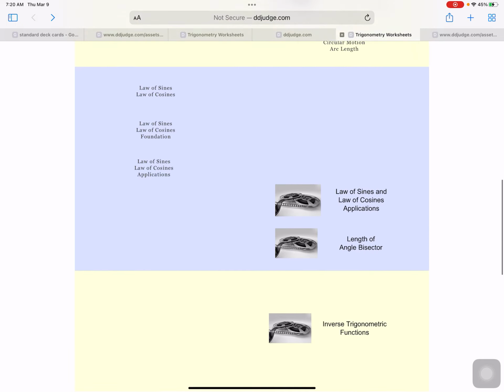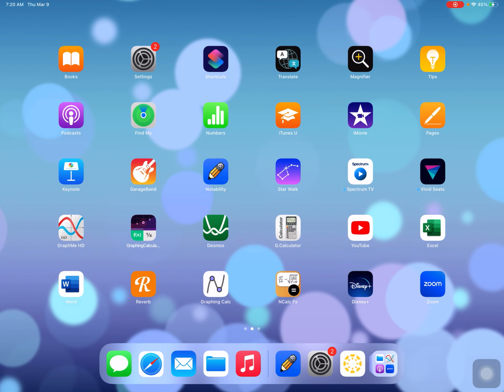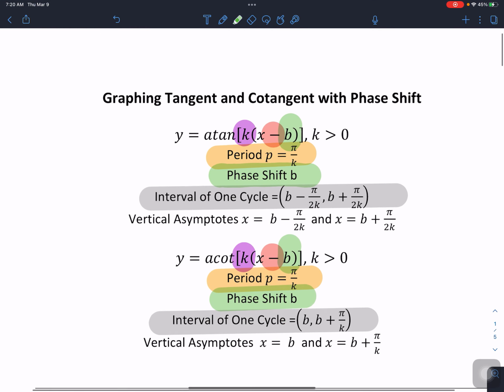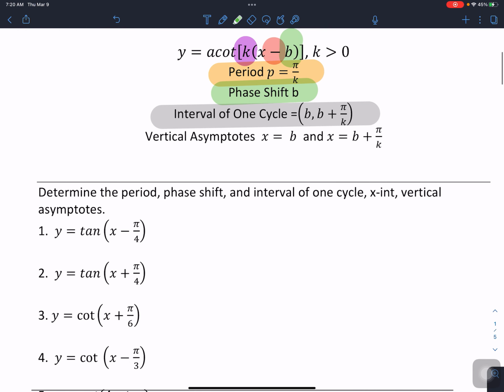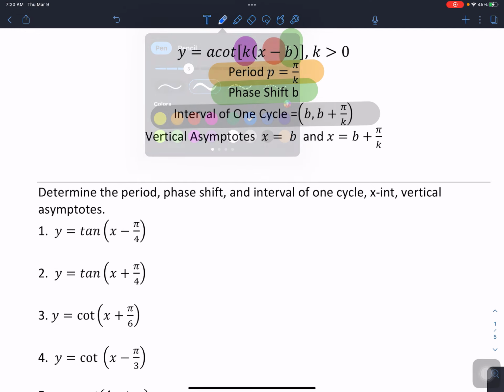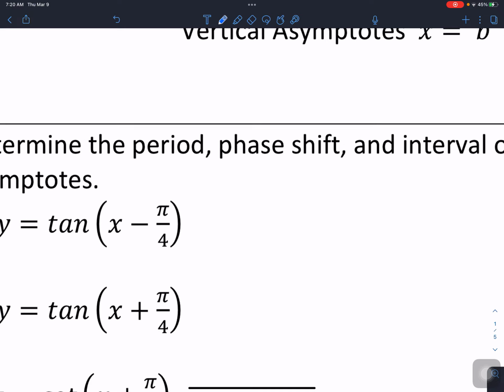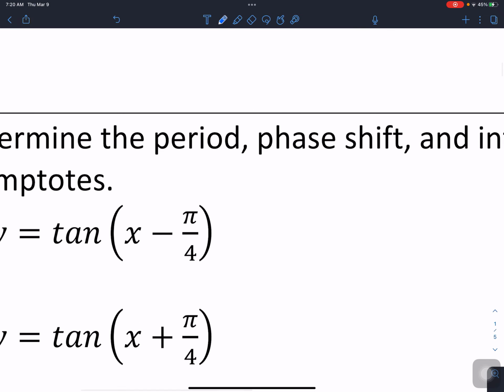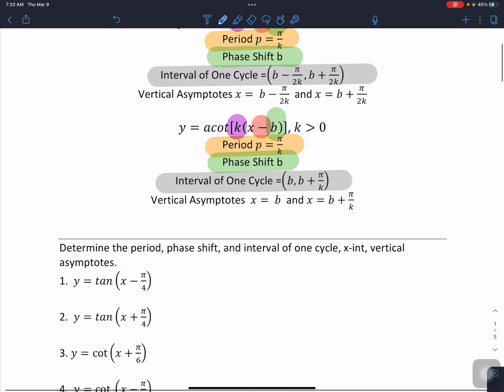So anyway, it doesn't seem to get there as nice as we want. But okay, let's try to do the first one here. All right, you guys okay with that? Now remember what I just said, because we're going to say this is tangent x minus pi over 4.